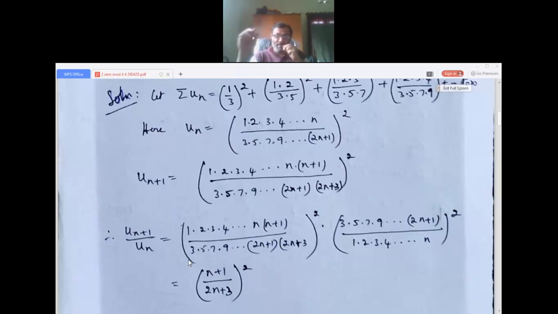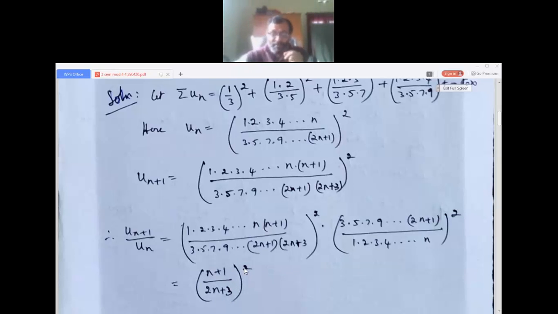So now the question comes, what is left? The term left here is n plus 1, because n cancelled. And since 2n plus 1 cancelled, the term left is 2n plus 3. So we got n plus 1 divided by 2n plus 3, and the square is there. So n plus 1 divided by 2n plus 3 whole squared.